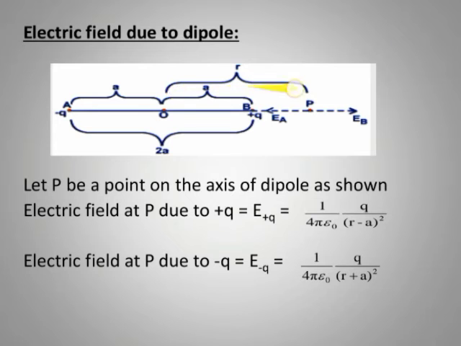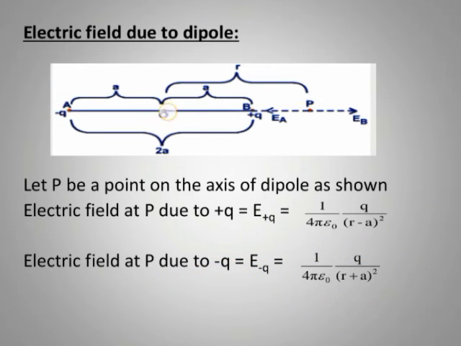So if I cancel this distance by a, you will get only this distance, that is BP. That is why I have written r minus a, with the whole square, as given in the electric field formula itself. Now if I go to the electric field at point P due to the negative charge, the distance would be from this to this point.